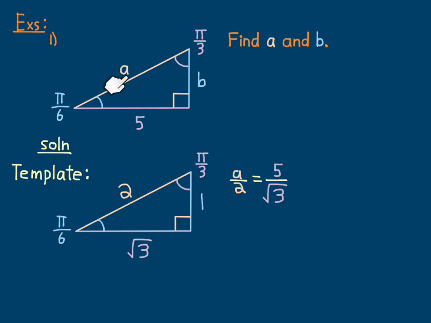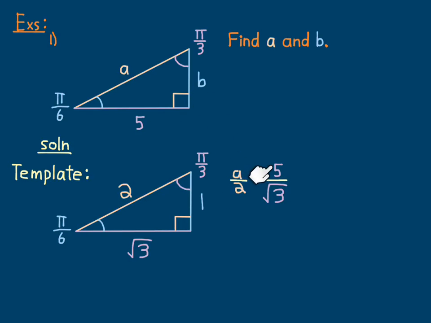What would be inconsistent? A over 2 equals square root of 3 over 5 would be inconsistent. That's just, for some reason, you flip these last two around. I just prefer to have the variable on top, the thing I don't know on top. And then you would do the same thing with B after you find this.